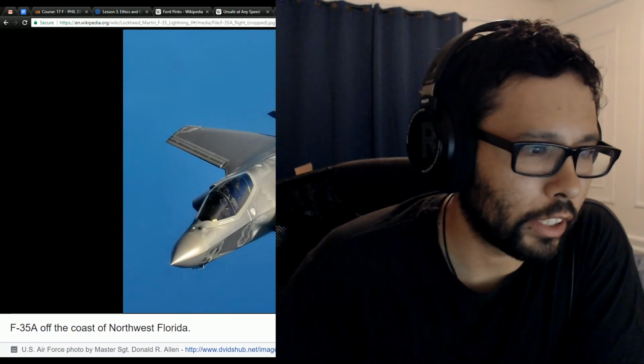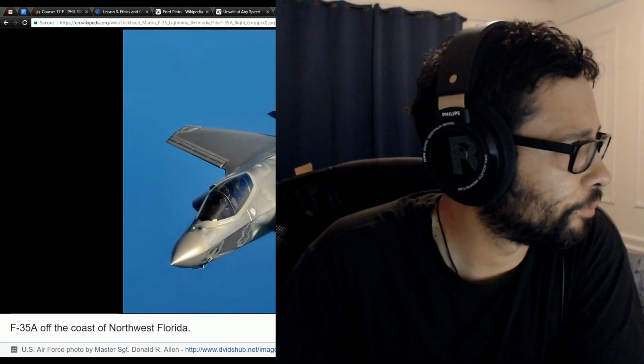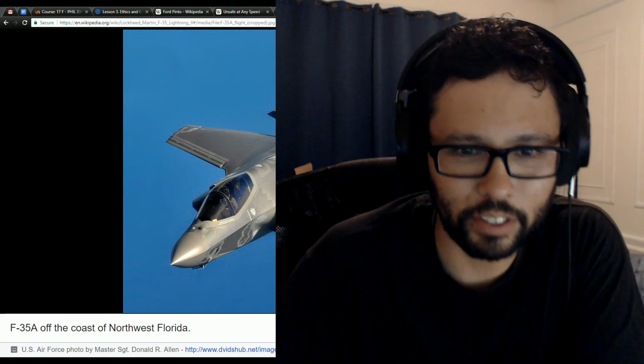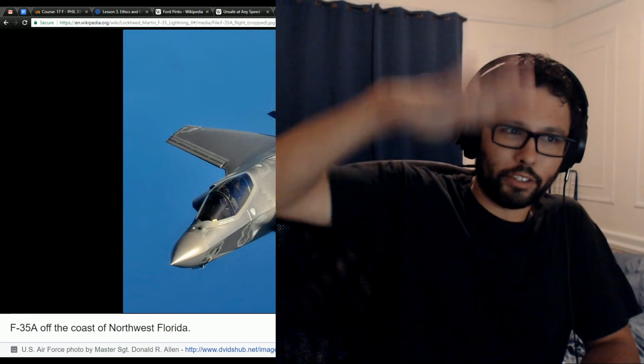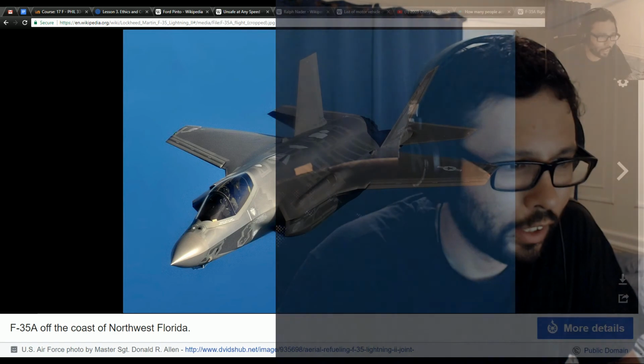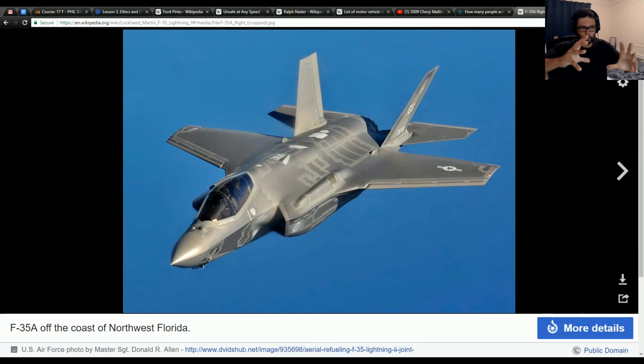The thing about the fighter jet is that the military brass wanted the jet to be able to do vertical takeoffs and landings. So they wanted to be able to rotate the jet engines down so that the plane can do vertical takeoffs and landings, which is really cool if it can do that, right?